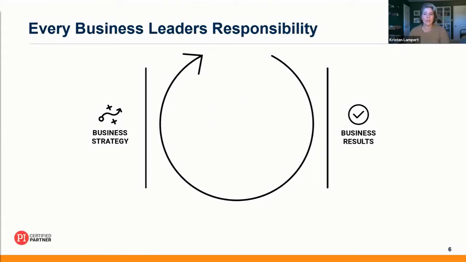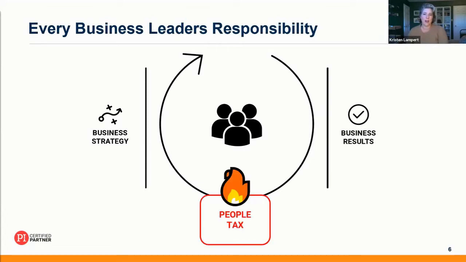So what we think about when we talk about all that guesswork in that middle circle, when it comes to people, when you're trying to drive both business strategy and business results, is what we call a people tax. When you think about it, these are all the people related things that end up driving tension in the organization. It can be the turnover that we're experiencing at record numbers. It could be low productivity.